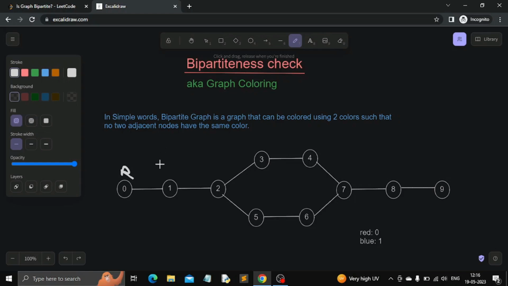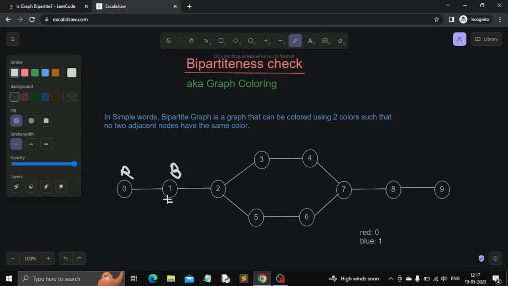Then we will move to its adjacent node, which is node 1. Two adjacent nodes should be colored with different colors, right? So we need to color this node blue. Like this we are going to progress.